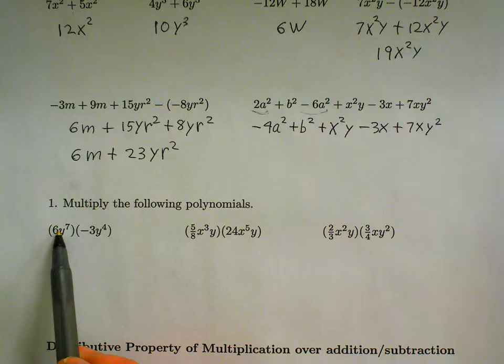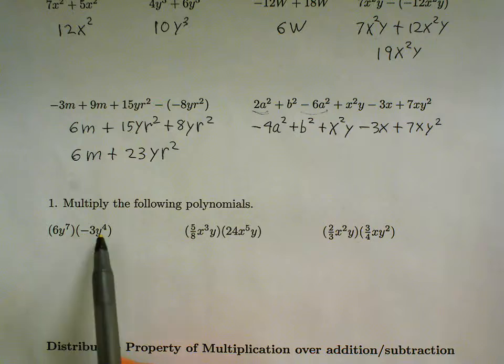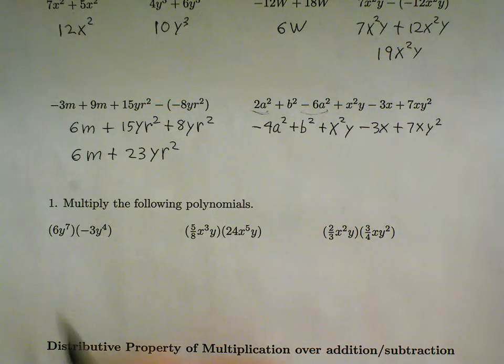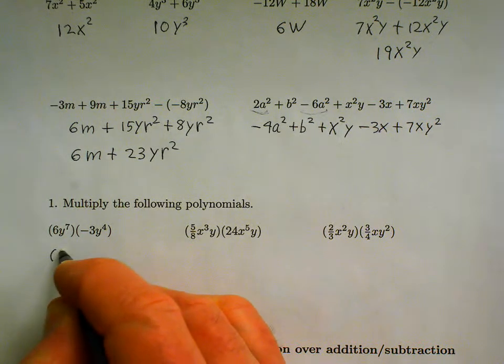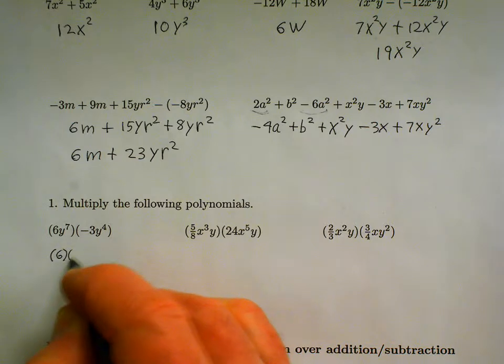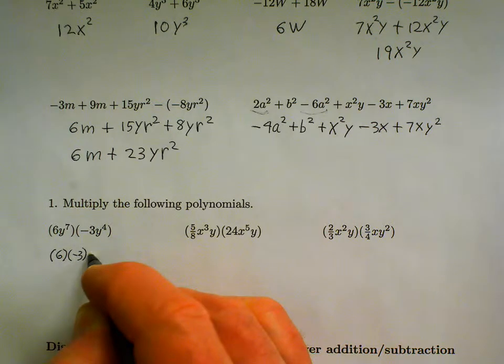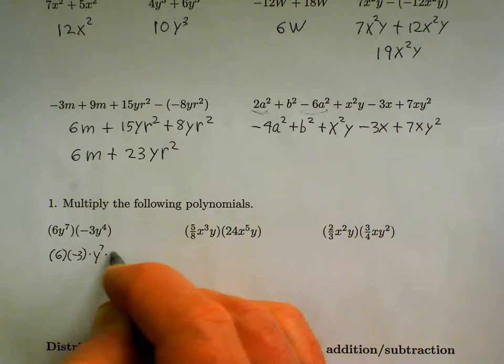We're just multiplying 4 factors, 6 times y to the second times negative 3 times y to the fourth. If you want, you can rearrange the factors: 6 times negative 3 times y to the second times y to the fourth.